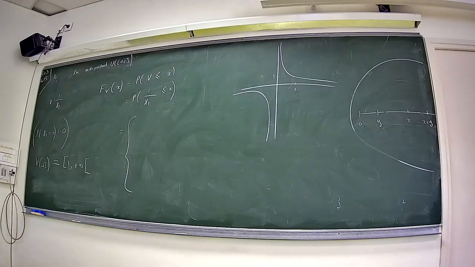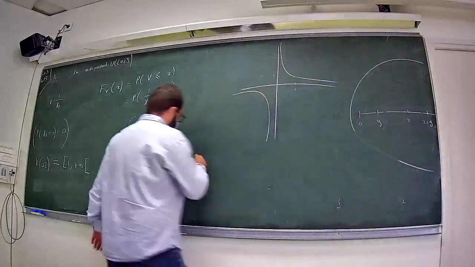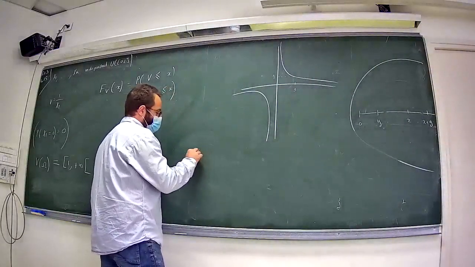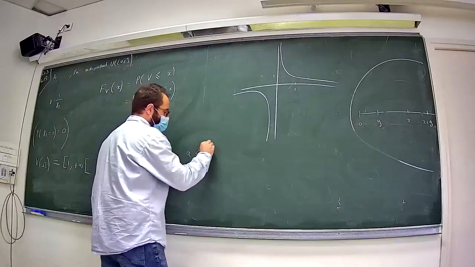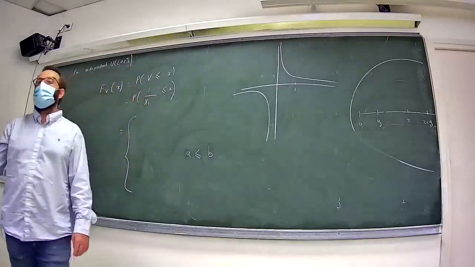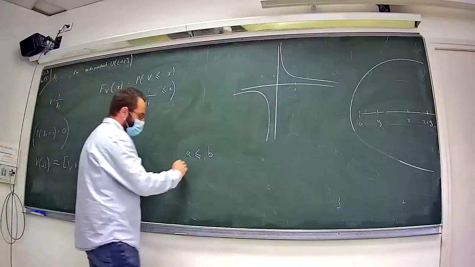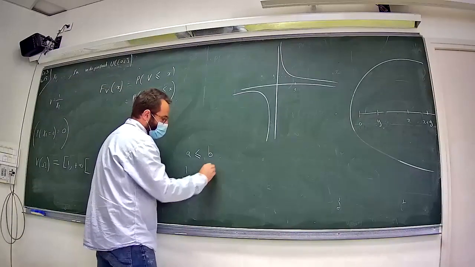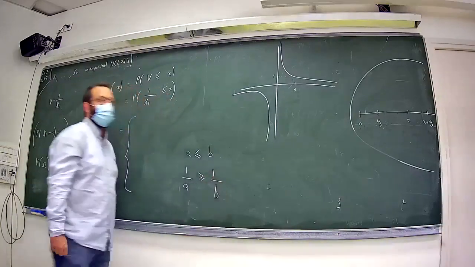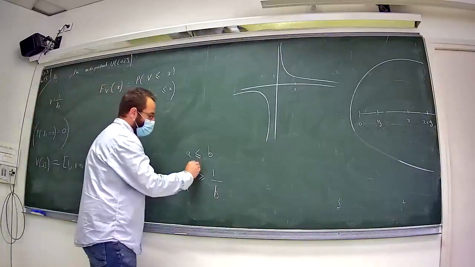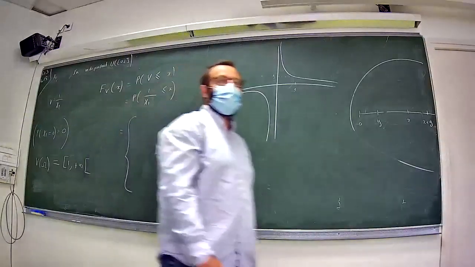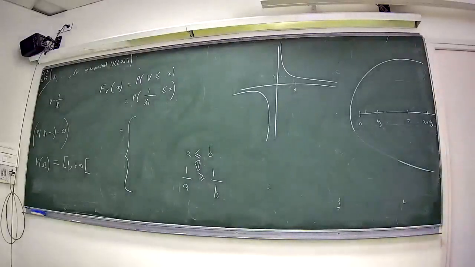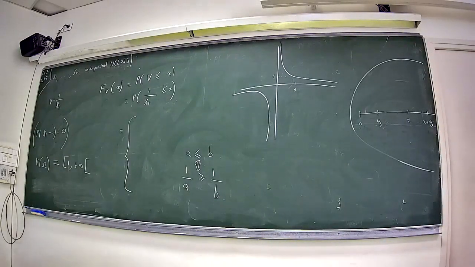It's not that you have to distinguish, but you have to say one thing: if I have A less than B, are you okay with this? I am not. It's not true.